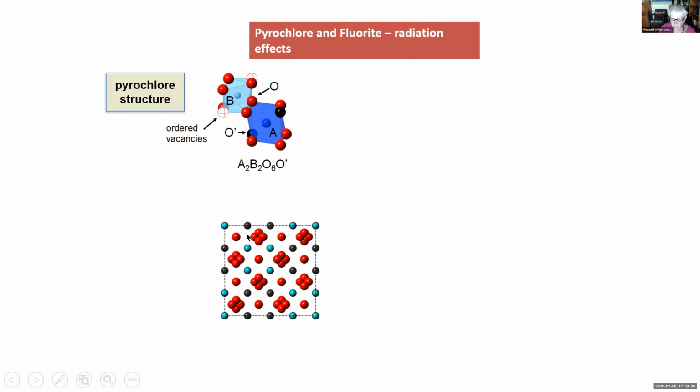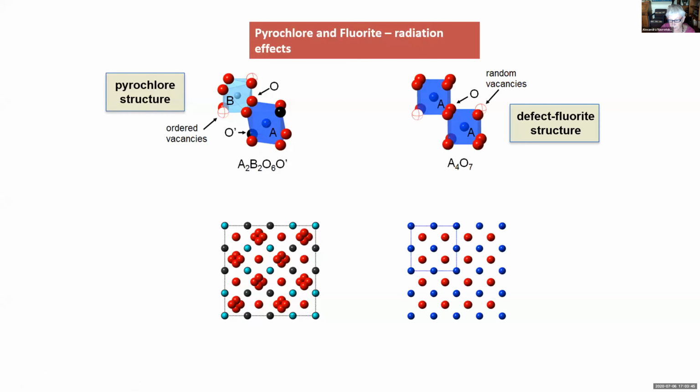And the structure, though still cubic, has these ordered cations. If one compares the structure to the parent fluorite structure, the parent fluorite structure, again, is just this packing of cubes. And if one looks at the pattern of cations and anions, one has a simpler arrangement. And in the ideal fluorite structure, you have only 1 type of cation site. In the pyrochlore structure, you have several types of cation sites.